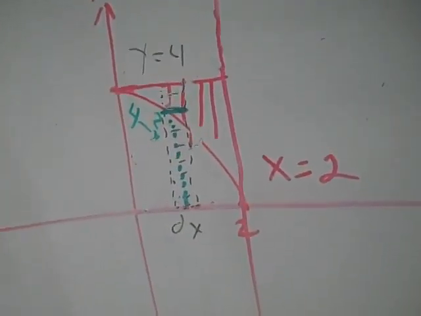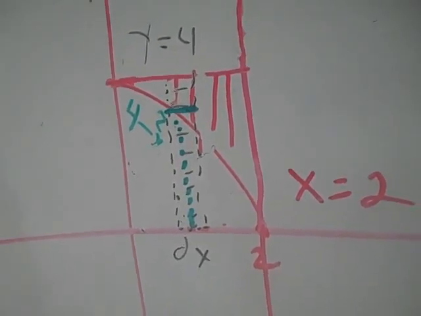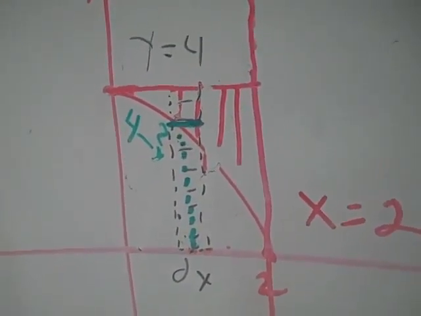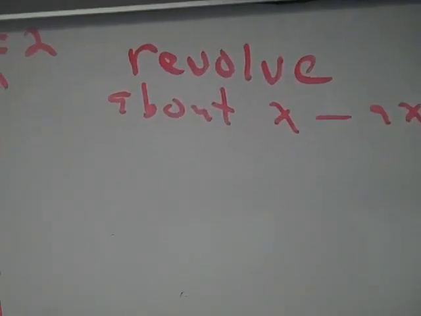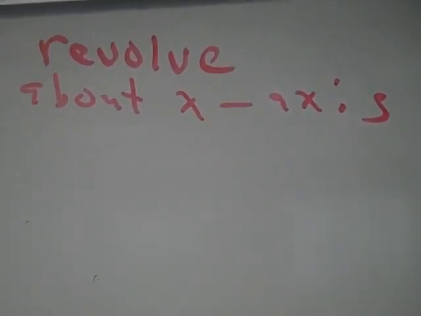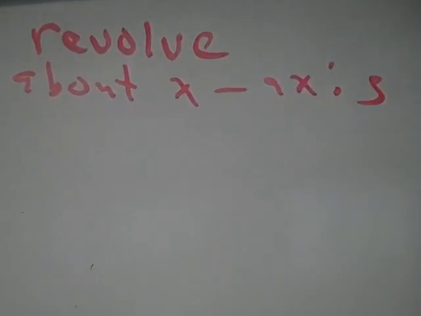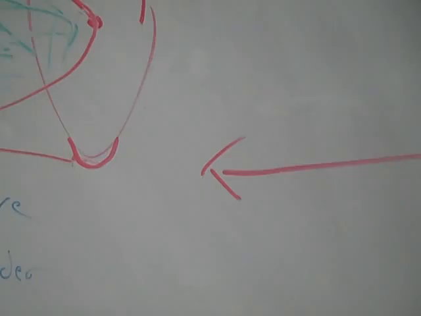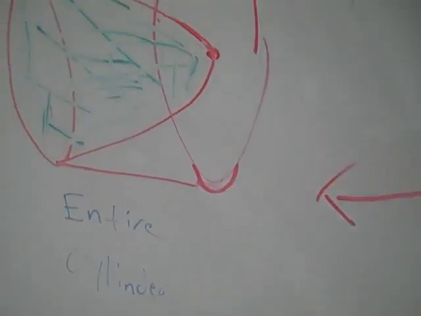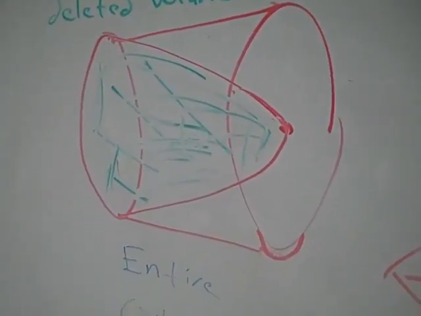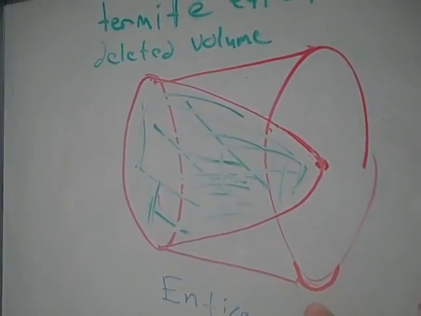Now, if we revolve this striped red region about the x-axis, I should be saying revolve and not rotate. If we revolve about the x-axis, this whole video should be revolve, then we're going to get an object that looks like this right here. That should be a perfect cylinder, it shouldn't be skinny to the left.